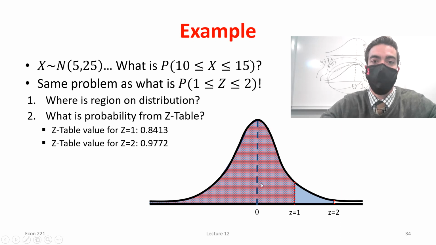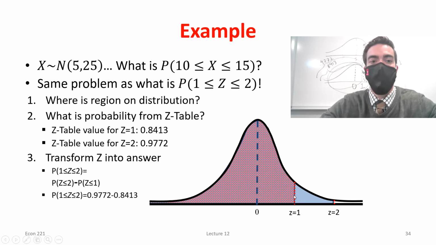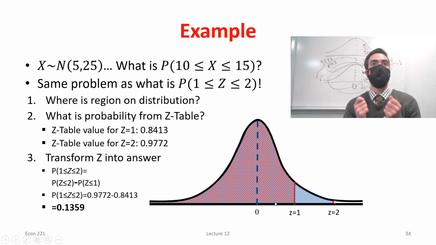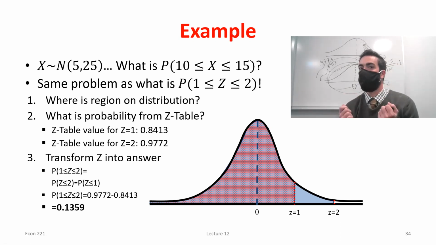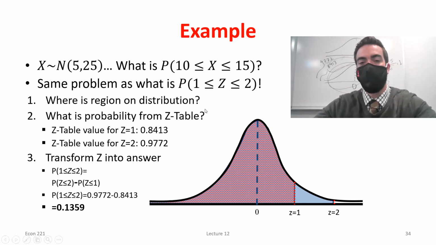We subtract the brick from the light blue. All we're left with is what's right here, right? So I subtract 0.84 from 0.97, and I get that probability of being in between those two z values of about 0.13. Questions on that? It's not too bad. Working with some nice, easy numbers here, so it might get a little harder, but yeah.